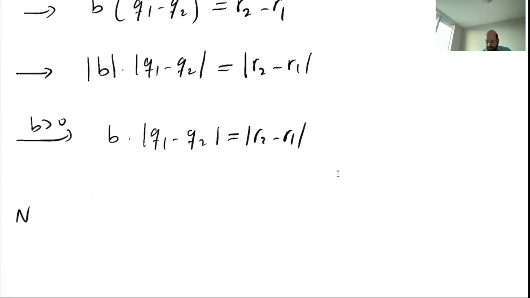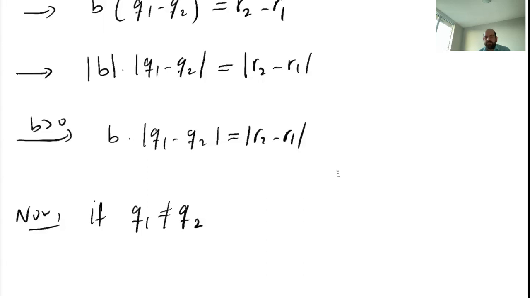Now, remember, I want to show that Q1 is equal to Q2 and R1 equals R2. Now, if Q1 is not equal to Q2, then on the left-hand side, Q1 and Q2, of course, are integers. If you have two distinct integers, the difference will be a non-zero integer.